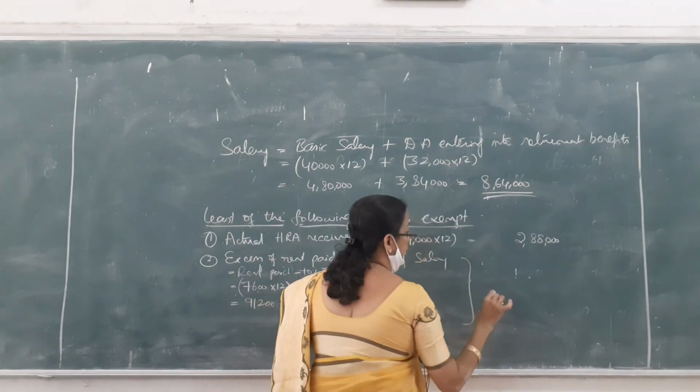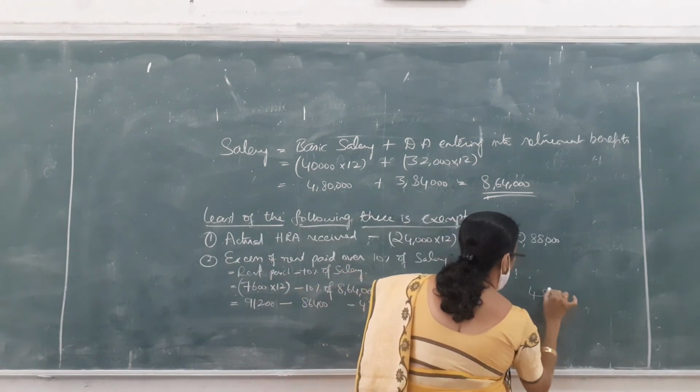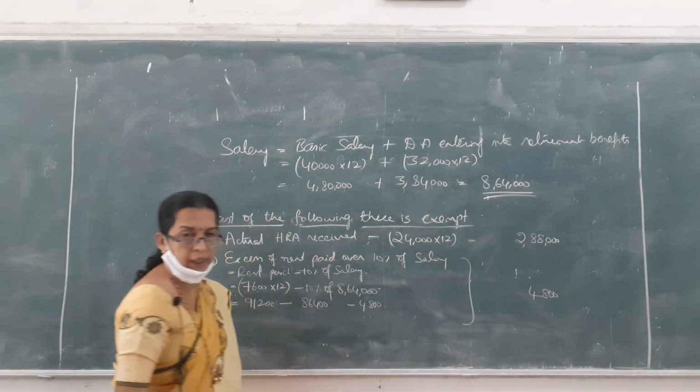Excess of rent paid over 10% of salary is 4,800.